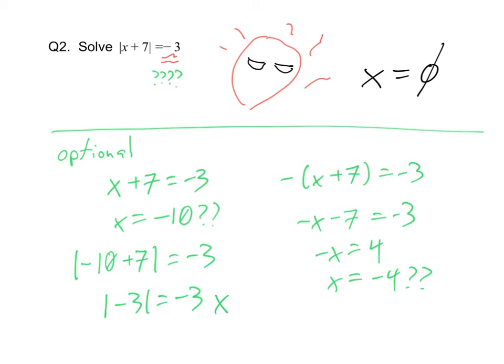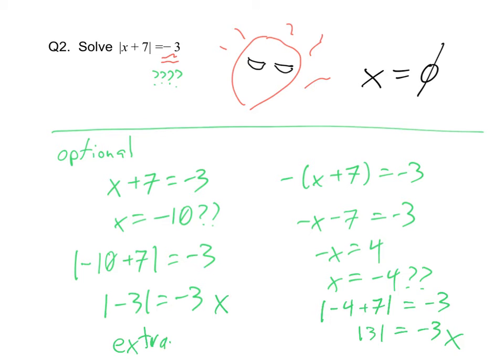So the absolute value of negative 3 does not produce negative 3, it produces positive 3. Similarly with our negative 4, we get the absolute value of negative 4 plus 7 is equal to negative 3. That gives us the absolute value of 3 equals negative 3. Also not a solution to the original problem.